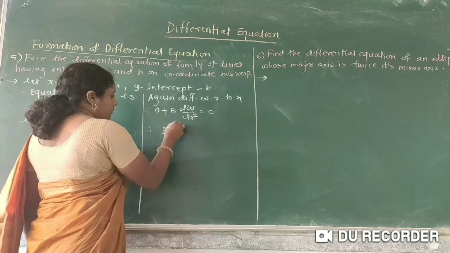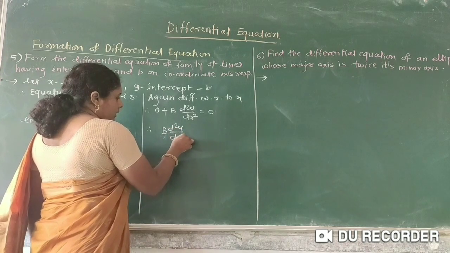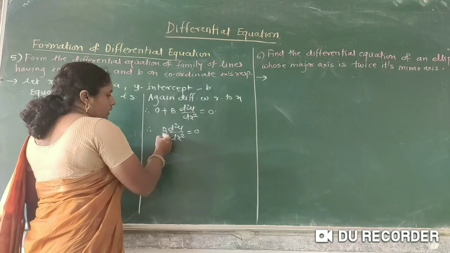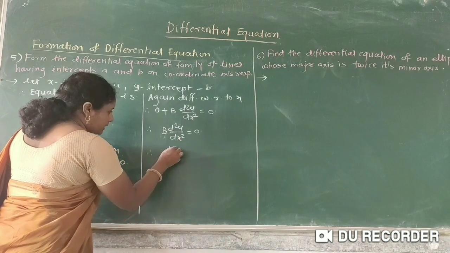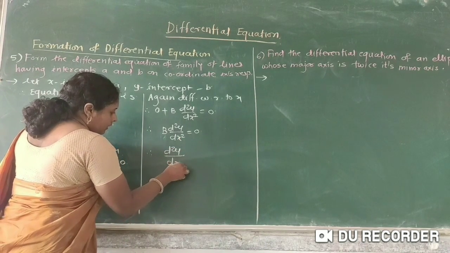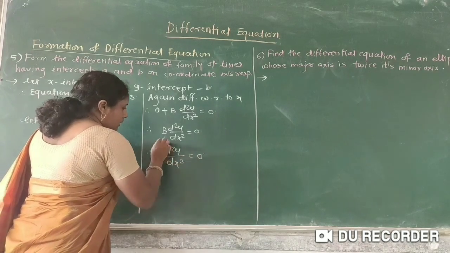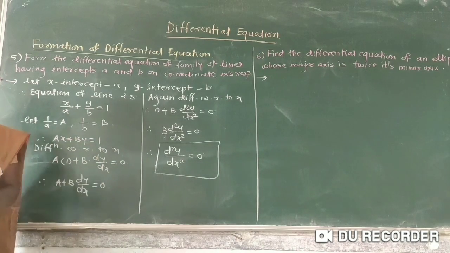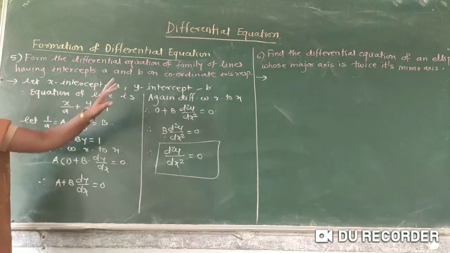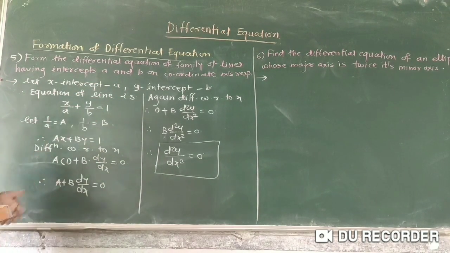Therefore, we get B into d2y by dx square is equal to 0. B is a constant, cancel it, we get d2y by dx square equal to 0, which is the differential equation of the family of lines whose x-intercept is a and y-intercept is b.